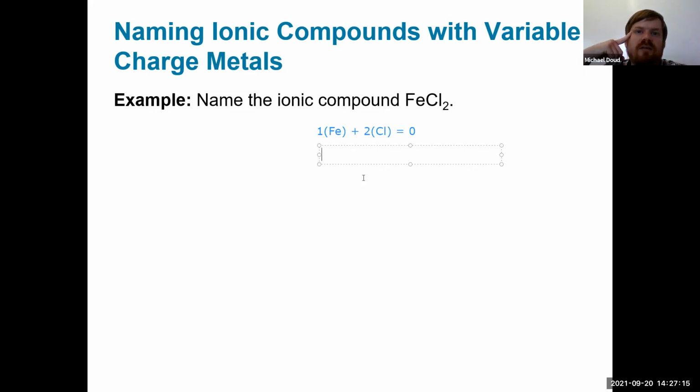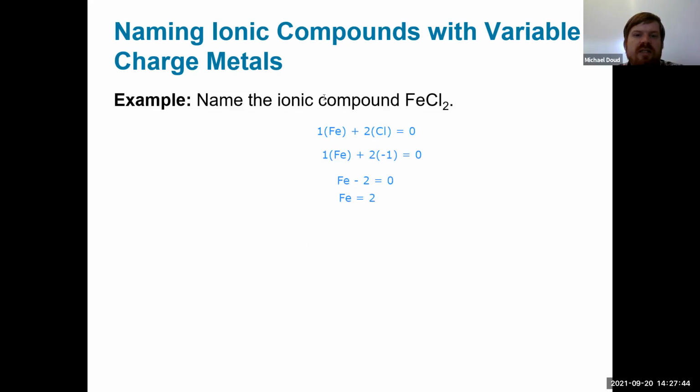Cl is chlorine, right? Chlorine always forms a -1 ion. So that means it's 1 times whatever the iron charge is, plus 2 times -1 equals 0. Taking it further, Fe minus 2 equals 0. So that means that Fe equals 2.